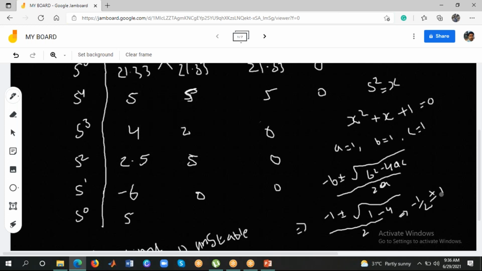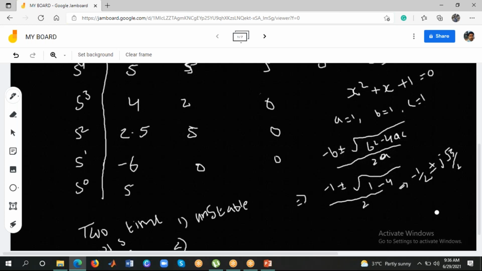So the minus comes out as j, and we get plus or minus j root 3 by 2. Now here you can simply say that its value is minus 0.5 plus or minus j root 3 by 2.